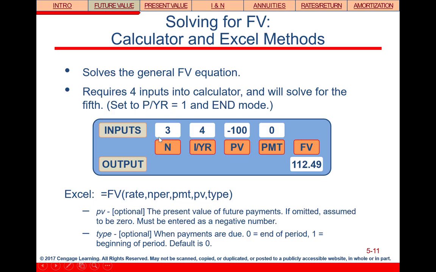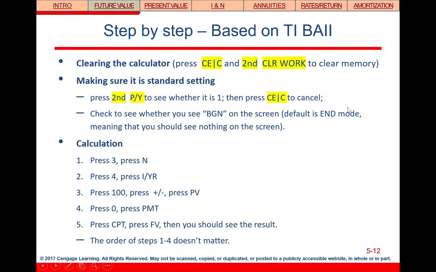So now let's take out your financial calculator and let's all do it together. So this is the step-by-step based on the Texas Instruments BA financial calculator. So that's the one that you can download from your App Store, the one that I've shown you before. But if you couldn't find it, if you have difficulty using it, feel free to send me an email.